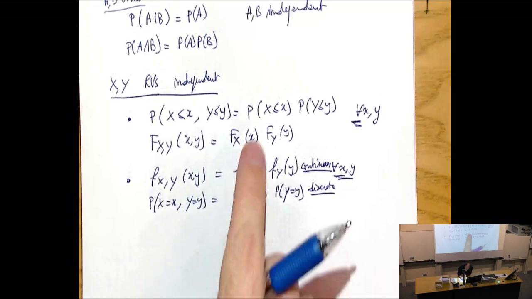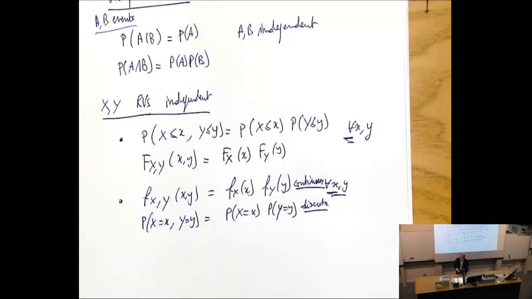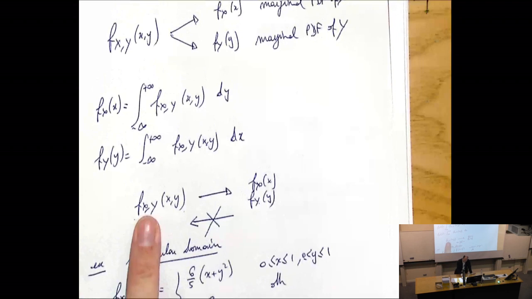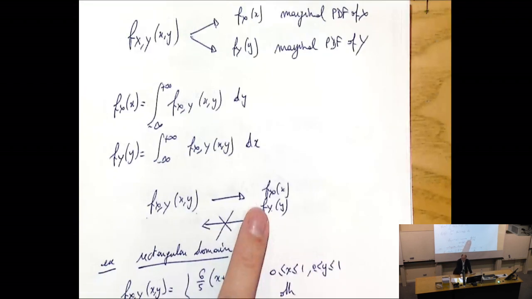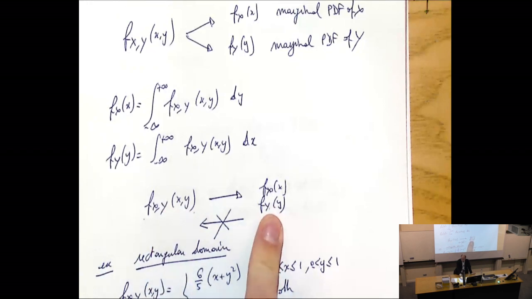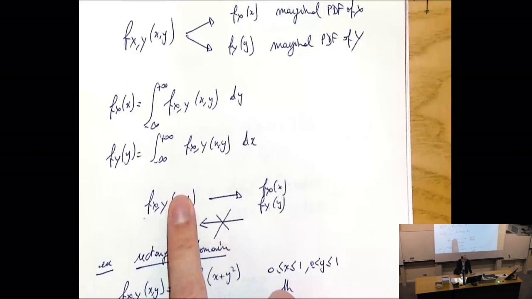So this is why I was saying earlier on, if you remember, that if you know the joint PDF, for instance, you can compute the marginal of X and the marginal of Y, but you cannot necessarily reconstruct the joint PDF if you know only the marginals, right? You can go the other way around if they're independent.